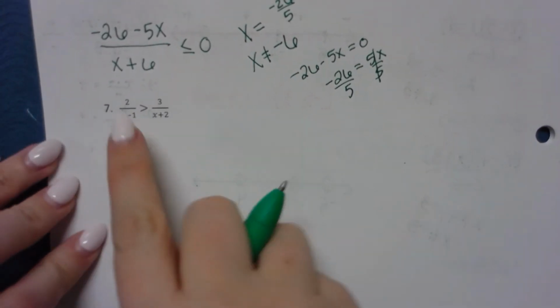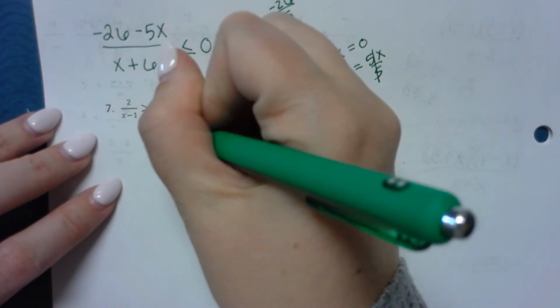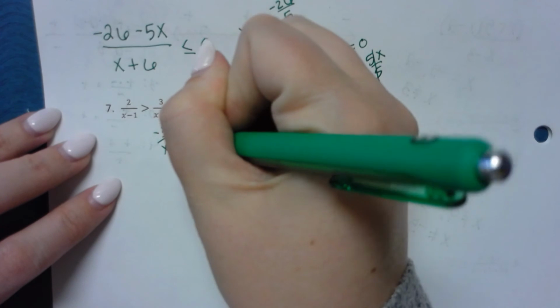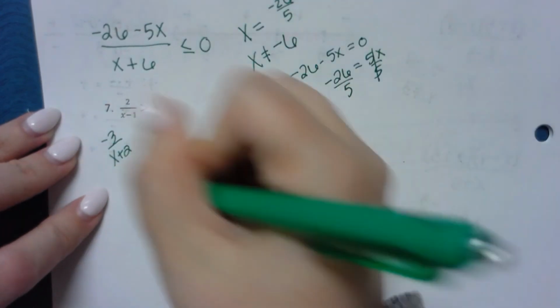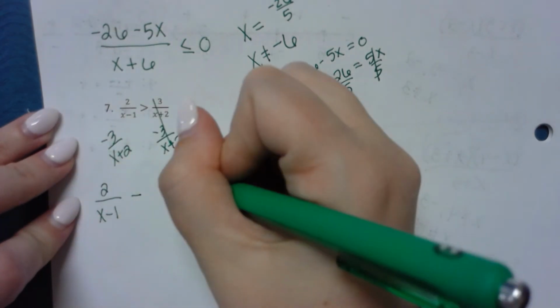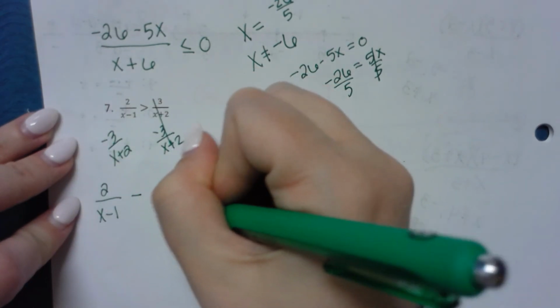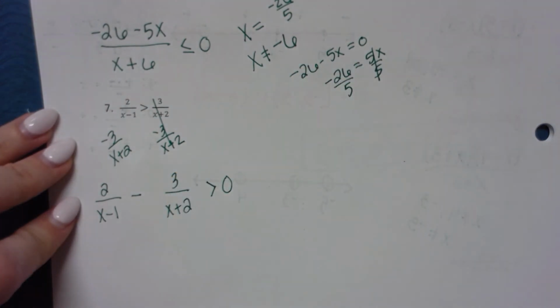Number 7, same thing. First thing we have to do is subtract this to the other side. So that gives us 2 over x minus 1 minus 3 over x plus 2 is strictly greater than 0. Now we need common denominators.